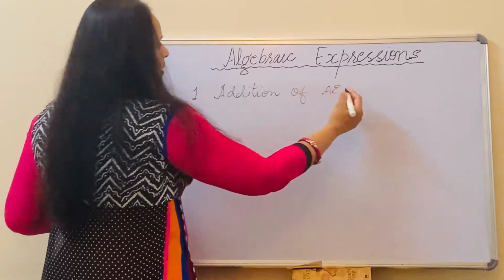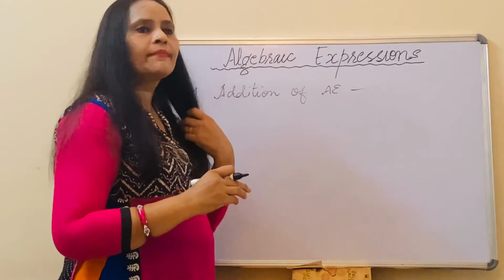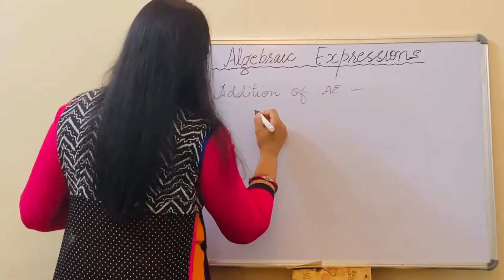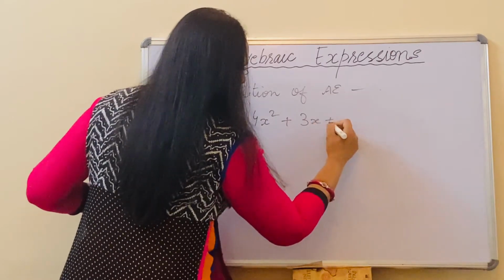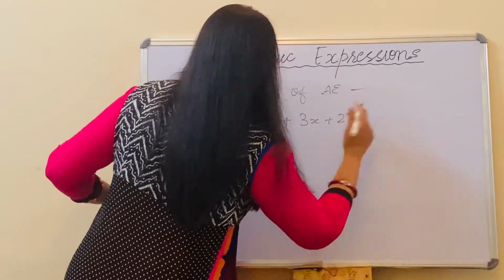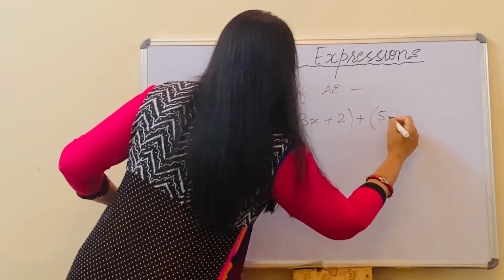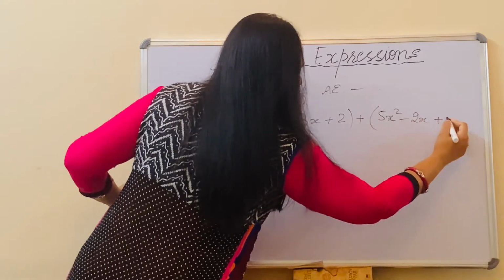Now we have two algebraic expressions. For example, 4x square plus 3x plus 2, and we have to add this with 5x square minus 2x plus 4.